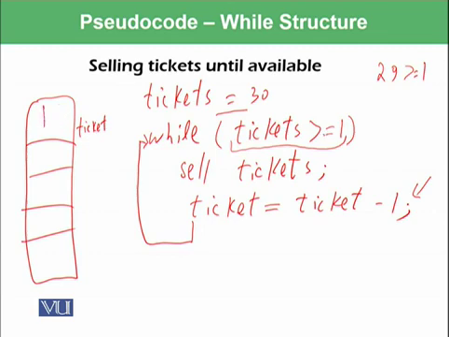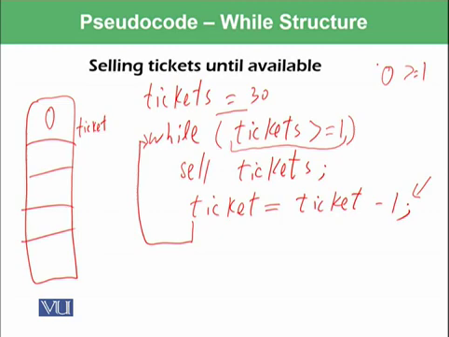It again checks the condition: 1 is greater than or equal to 1, so the condition is true. So sell ticket, and ticket is ticket minus 1, then ticket becomes 0, and it again goes to the condition and checks whether 0 is greater than or equal to 1.